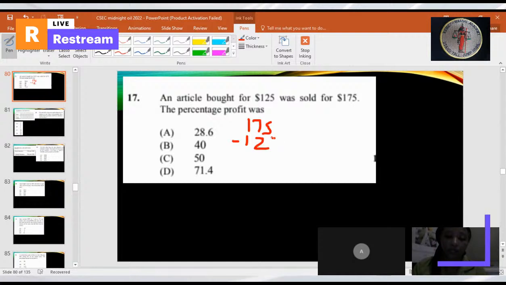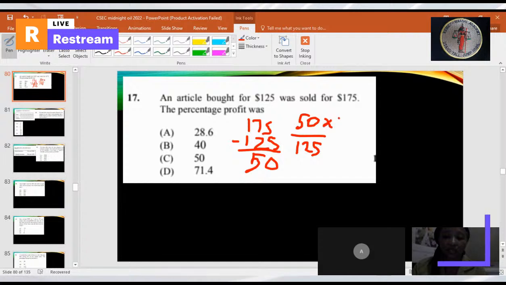Which gives what? $50. All right, so this is the profit. So we're to put the profit now over the cost price. So 50 over the, what's the cost price? 125. All right, and that now we must multiply by 100.